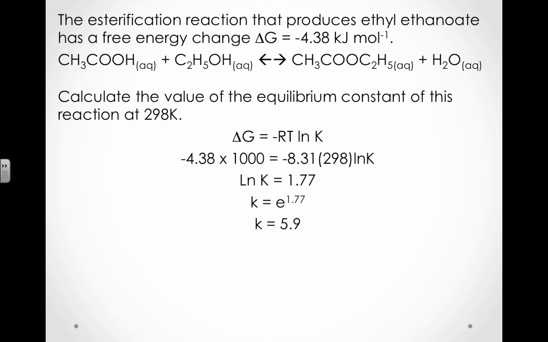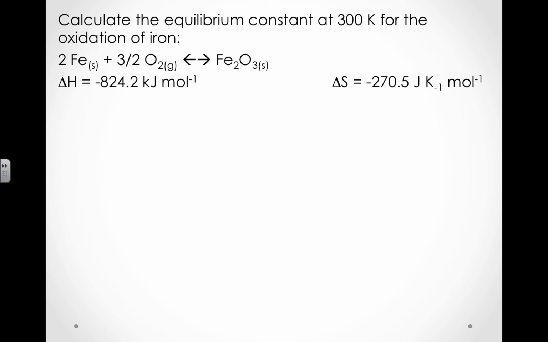Let me show you a slightly more complex version. Calculate the equilibrium constant at 300 Kelvin for the oxidation of iron. They give us this reaction, and they give us delta H and delta S. How are we supposed to get to the equilibrium constant? Well, we can get there through Gibbs energy change, and we can use these two to get Gibbs free energy change.